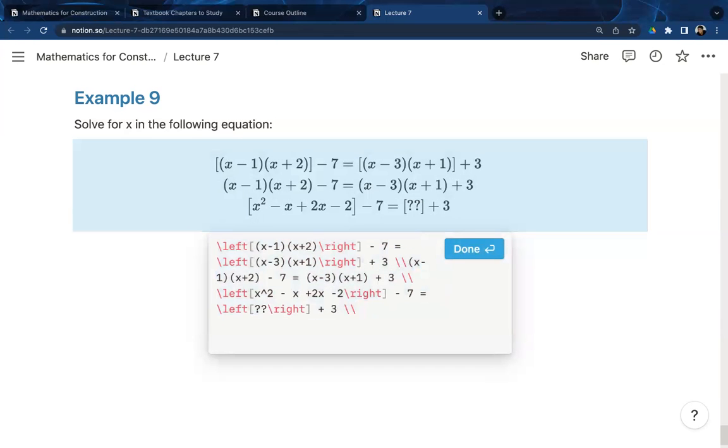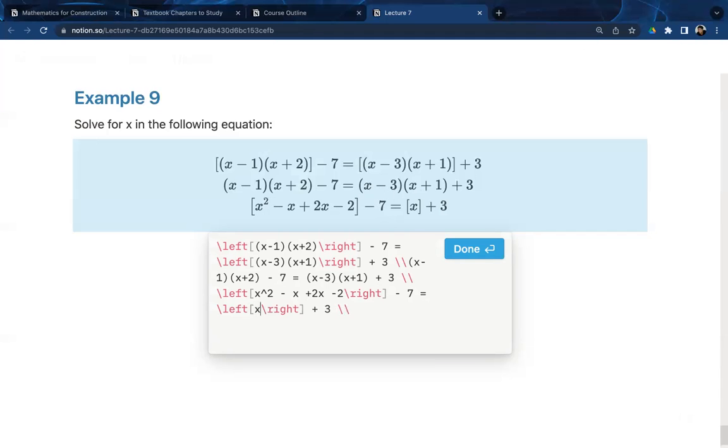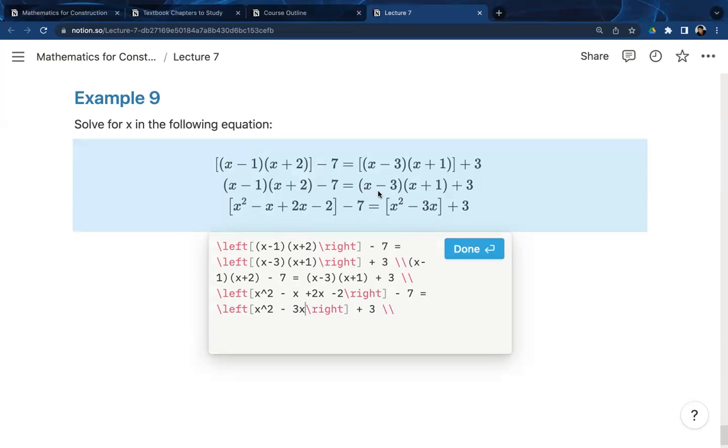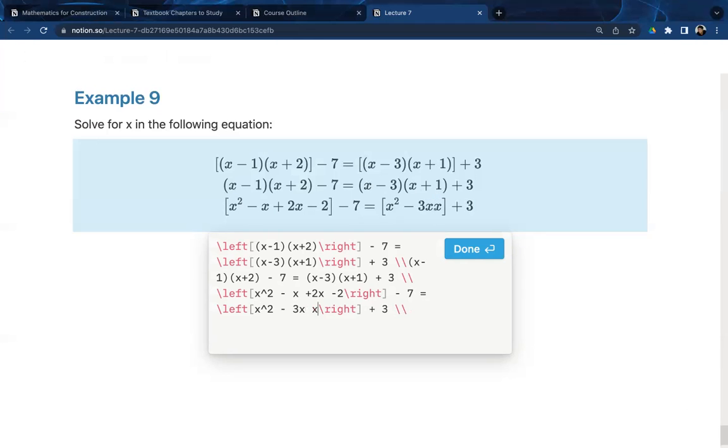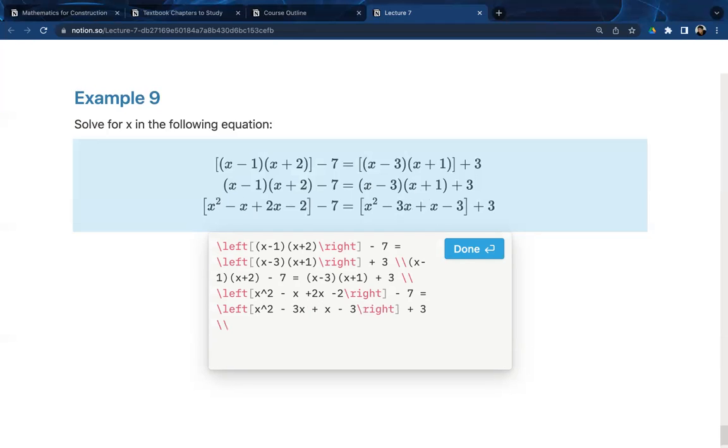So you take your time. The first bracket multiplied by x. So I'm getting, just as before, x squared minus 3x. That's the first two terms multiplied by x. Then the first two terms here multiplied by 1. Then you're just writing it x minus 3. X by 1 is x, and minus 3 by 1 is minus 3.